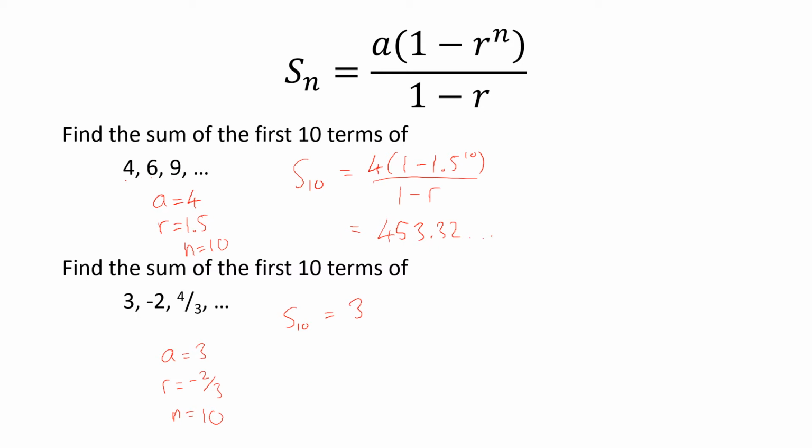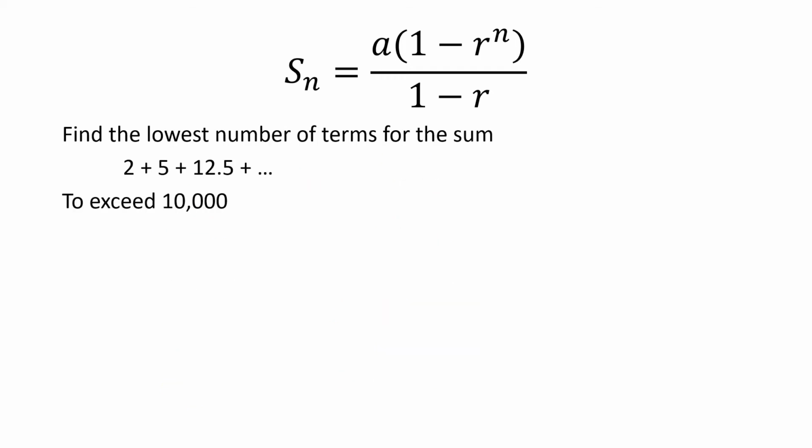That's going to be 3 lots of 1 minus, and if you're raising a negative number to a power, make sure it's in a bracket, all over 1 minus minus 2/3. No point really simplifying that, so we'll just plug it all in, and you should get an answer of 1.768... Again, interesting that that is actually less than the number you start with, but it makes sense considering you're adding negative numbers to it straight away.